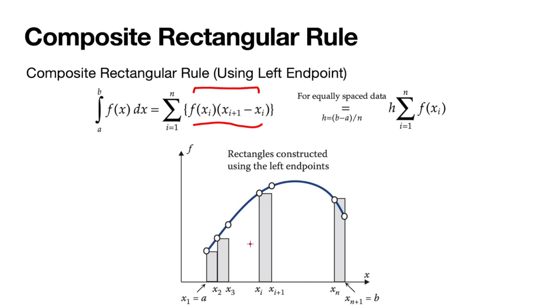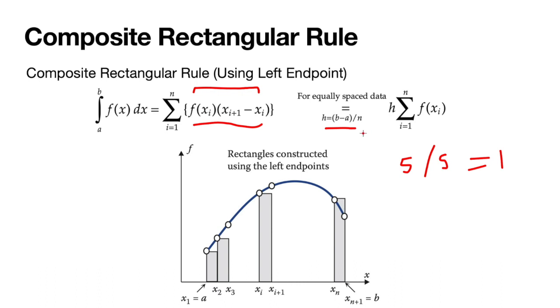We can also use rectangles of different spacing. But if we use all the rectangles of similar spacing, then this B minus A can be easily divided by a fixed number. For example, if B minus A is 5 and we use 5 intervals, this will come out to be 1.